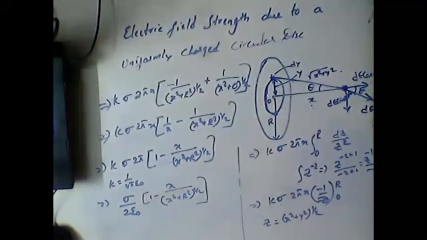This is the final formula we are getting. Now for example, when x is equal to 0, we get the electric field as sigma by 2 epsilon. I'm writing it sidewise so that you can observe.